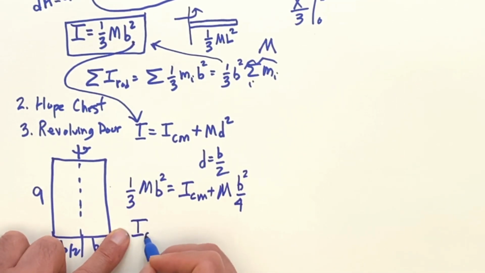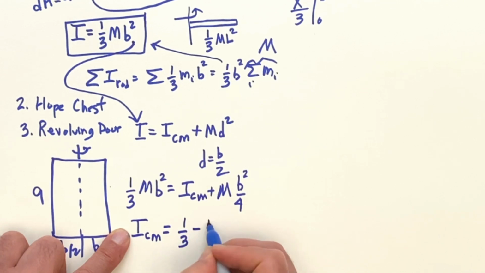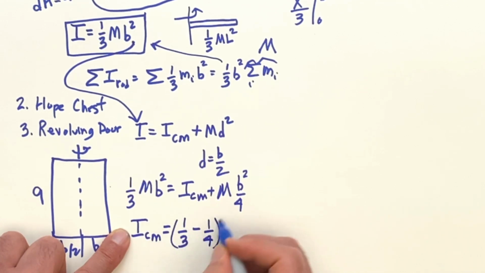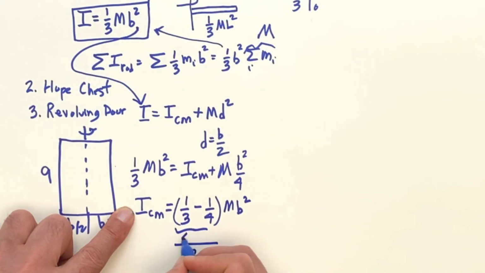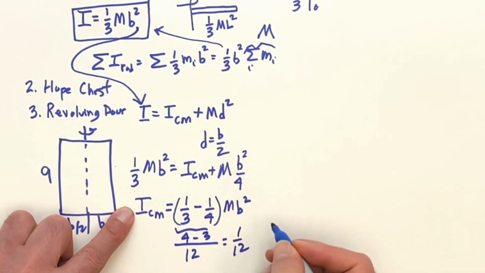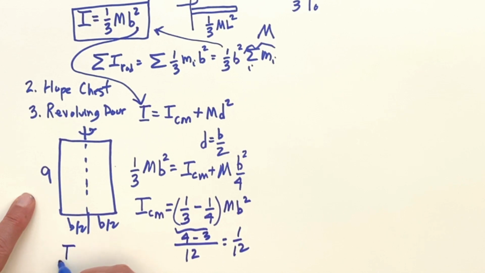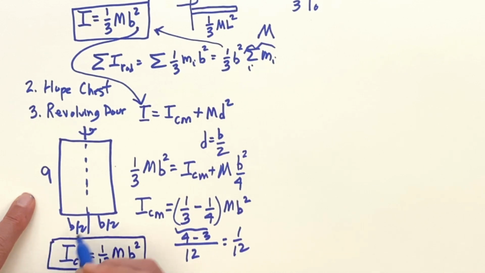So the center of mass result is 1/3 minus 1/4 mb squared. And we've seen this before. This is 4/12 minus 3/12, which is 1/12. And we get 1/12 mb squared.